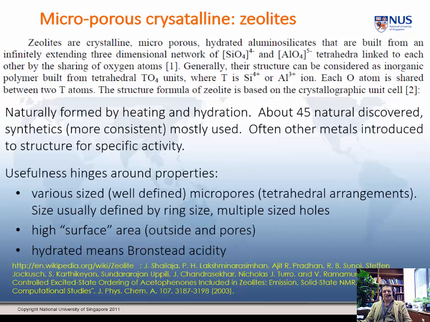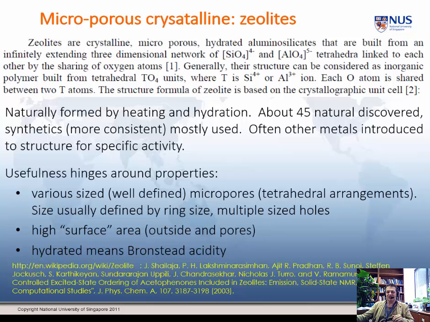So, their usefulness hinges around certain properties. There are very well defined micropores and macropores in zeolites, normally defined by those types of ring structures we just saw, with multiple size entrances and exits.